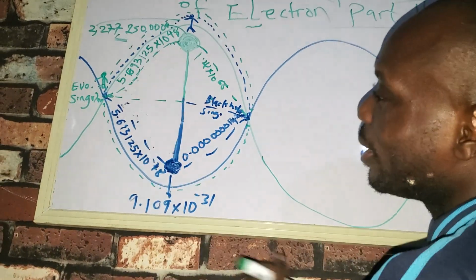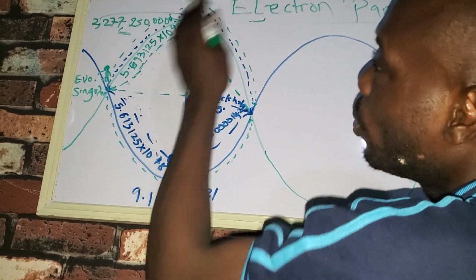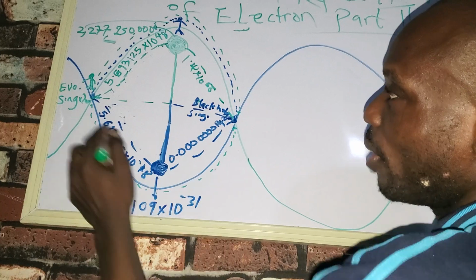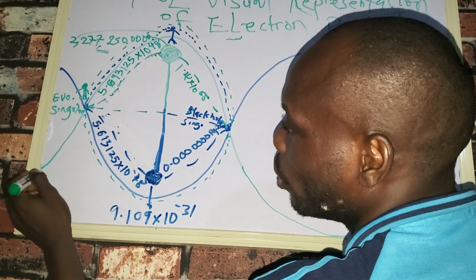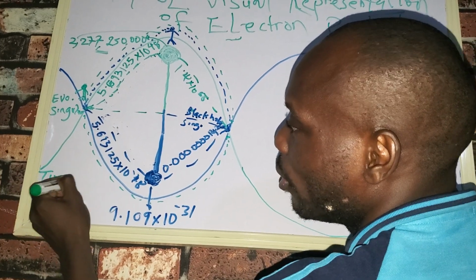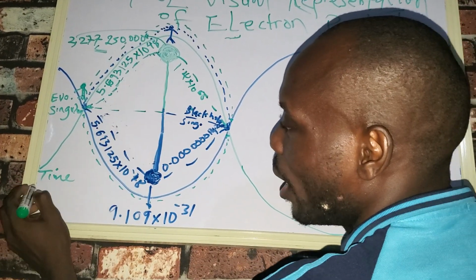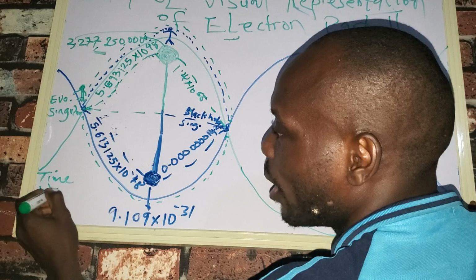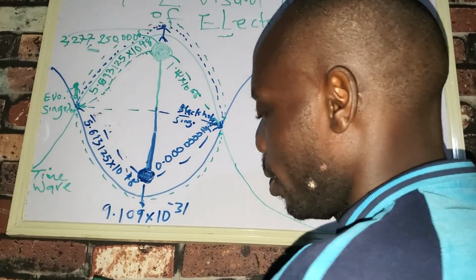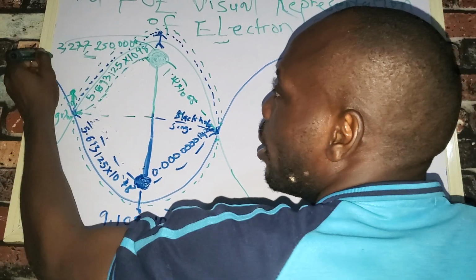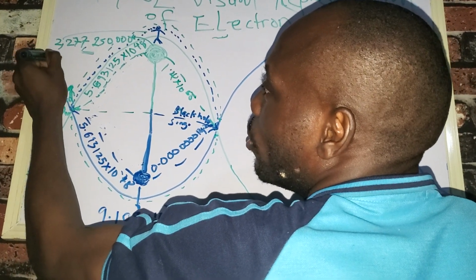Now this time energy wave model models the reality of the universe as time wave, which is this one, as the time wave travels inversely to the energy wave. So we have the time wave right here, and here the energy wave.